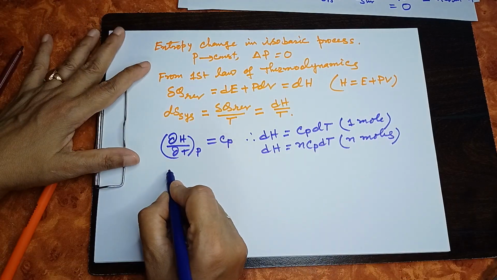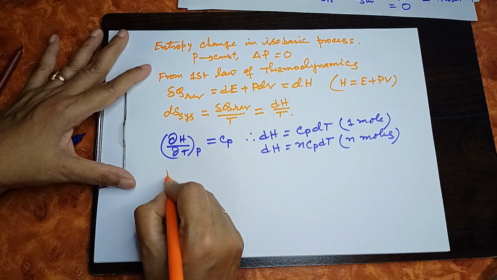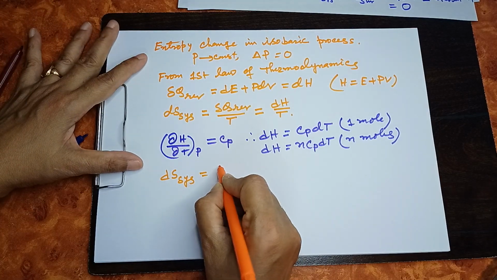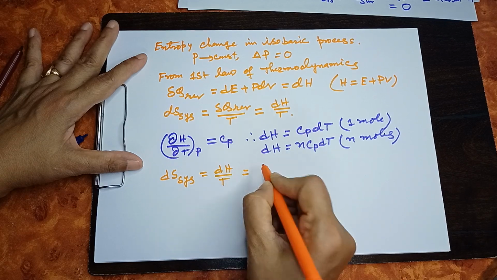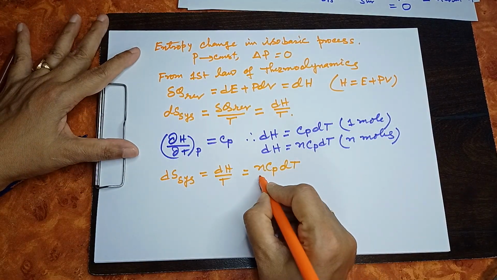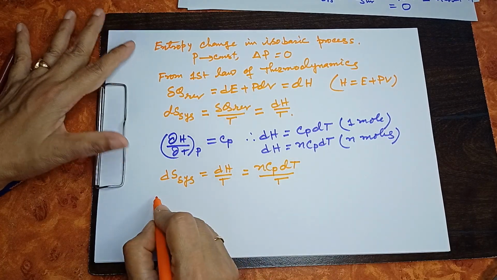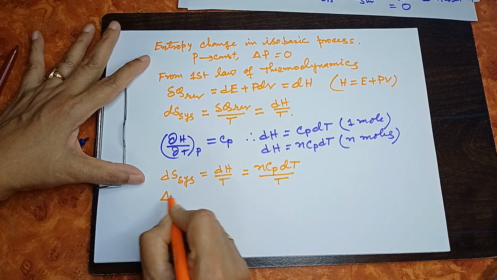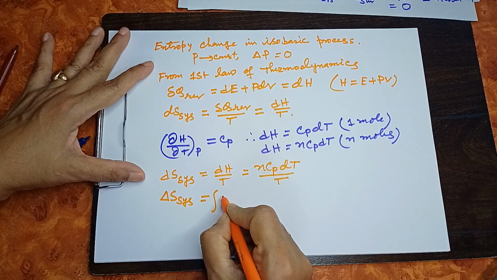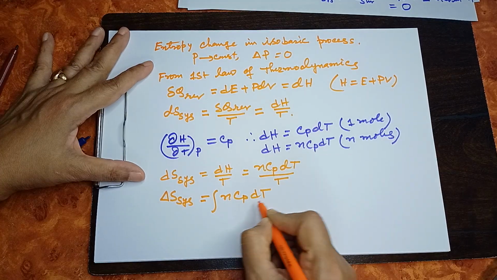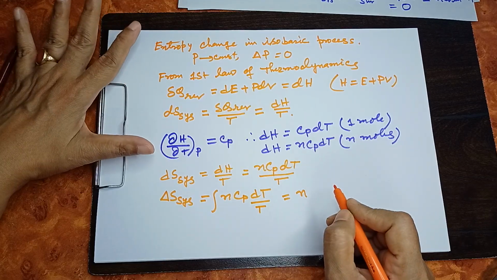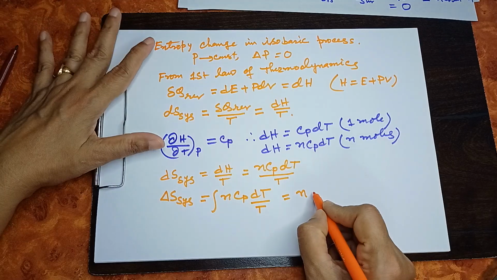So dS system, the small change of entropy of the system, is equal to dH by T, that is equal to nCp dT divided by T. So the overall entropy change of this system, delta S system, will be equal to the integration of nCp dT by T. This n is the number of moles, which is constant, so I can take it outside of the integration sign.